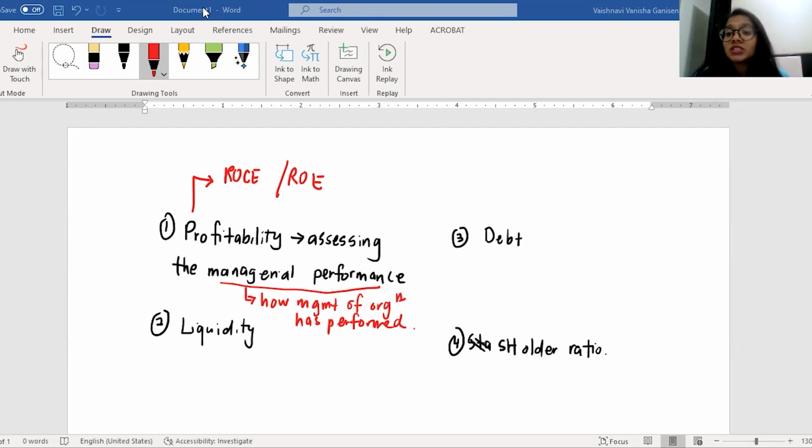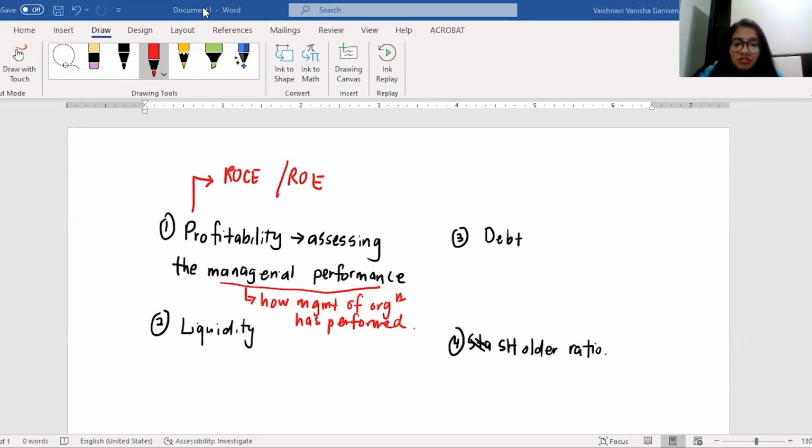If the company is in an appropriate liquidity position, it means they are able, number one, to provide you goods on credit or make sales on credit. And number two, you have sufficient liquid resources available to pay your suppliers.